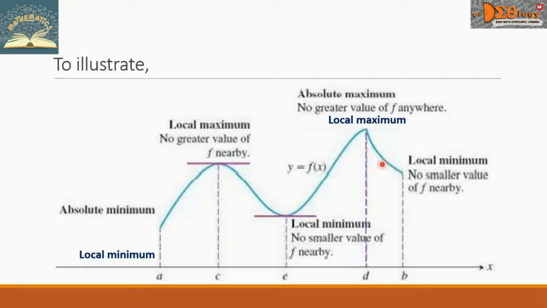The same is true with this point in here. But the point when x is equal to a, this point here is also called the absolute minimum. We say that there is no smaller value of f anywhere. Or simply said, this is the lowest point of the graph in the interval.